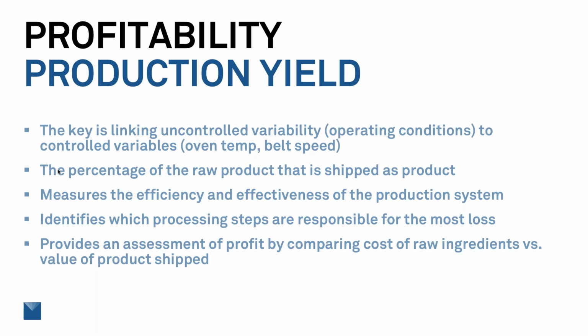That's really what we're going to talk about, the key factors in being able to do that. And so in the end, it will allow a company to assess their net profit, in the sense of how much they paid for raw ingredients and for the production process, versus how much they actually shipped out and made revenue on.